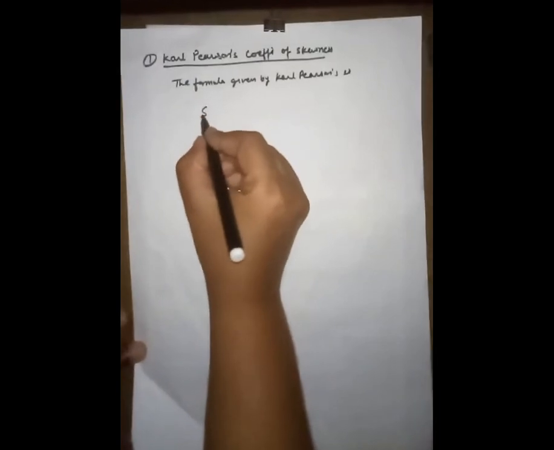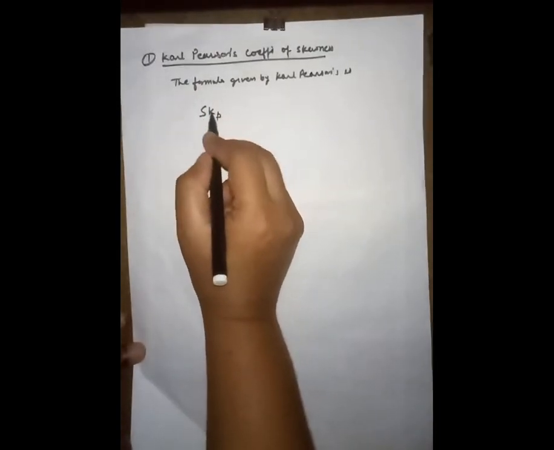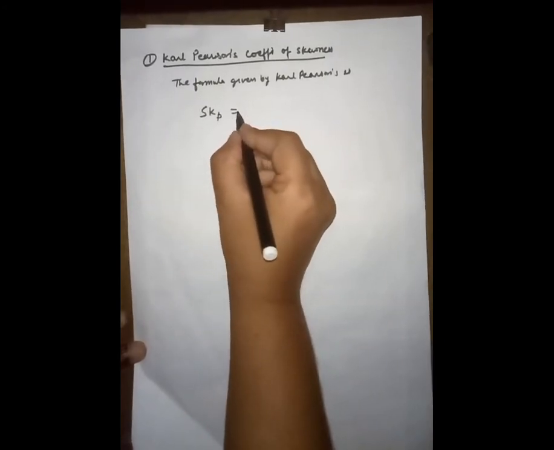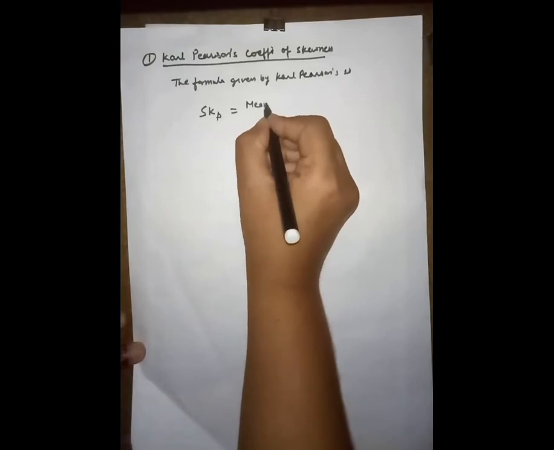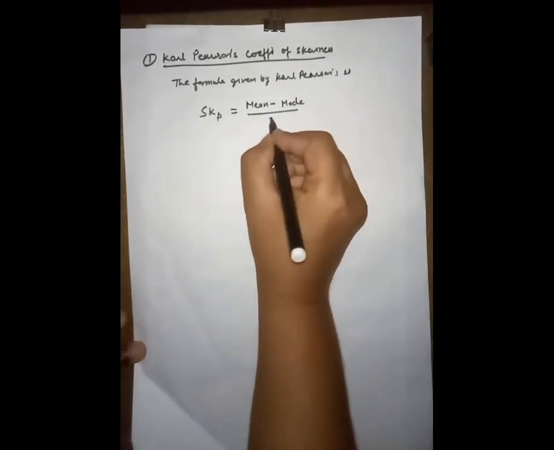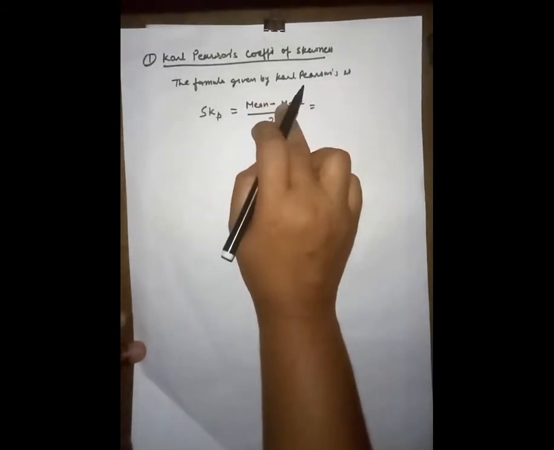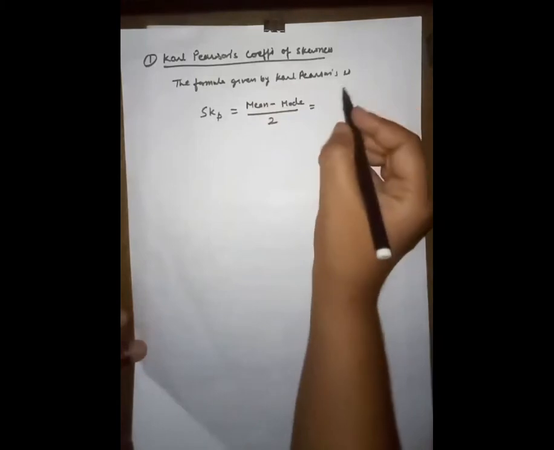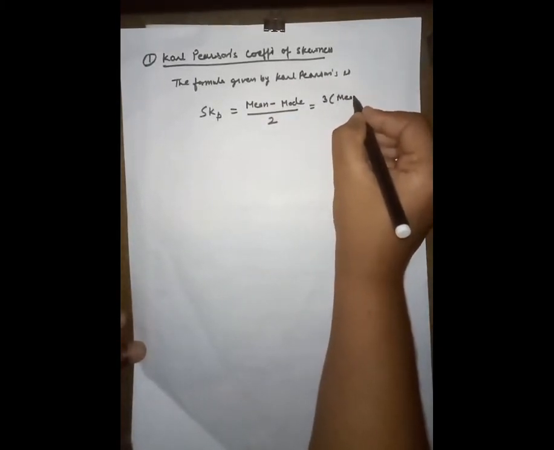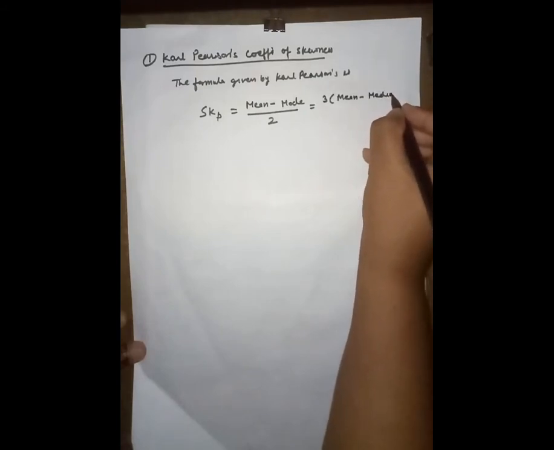It is denoted as SKP because this is Karl Pearson, so here SKP is equal to (mean minus mode) upon standard deviation. And we know that the mean minus mode relation is equal to 3 times (mean minus median).